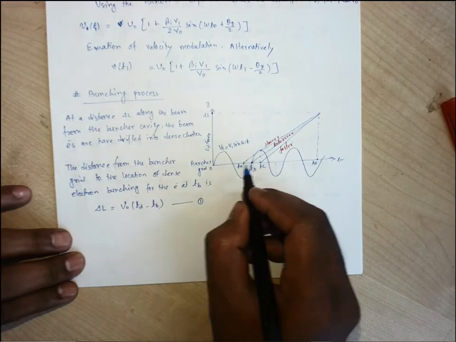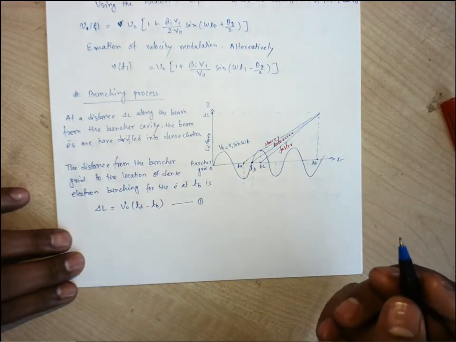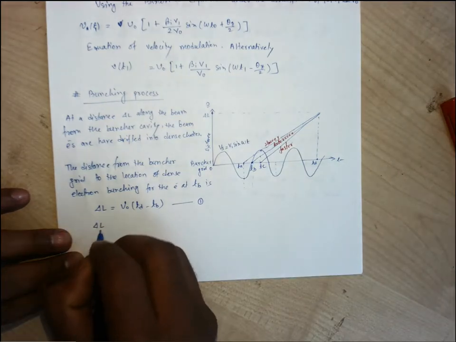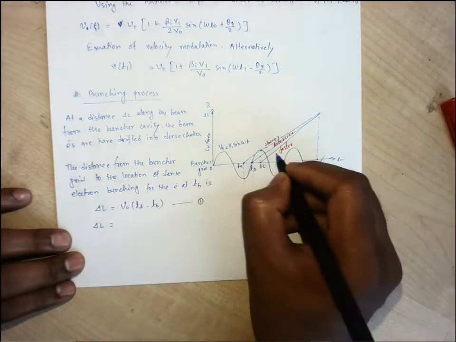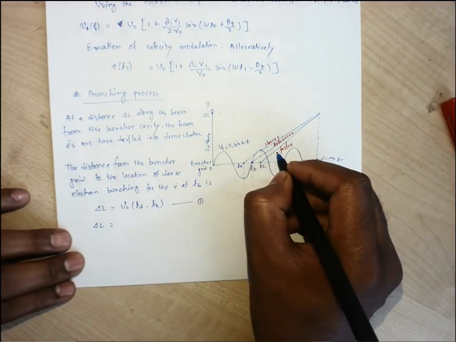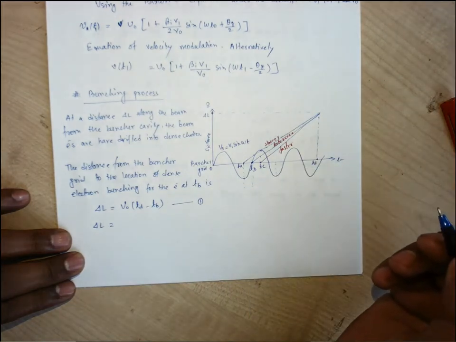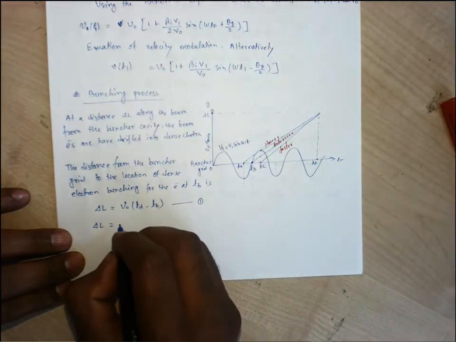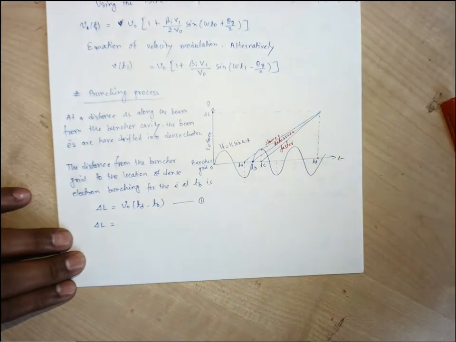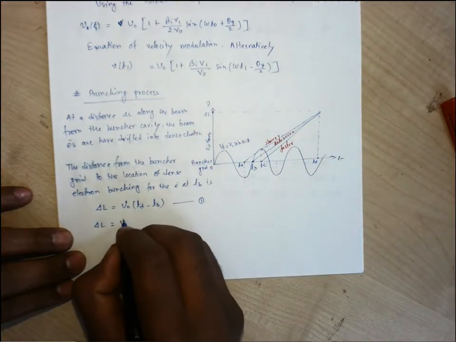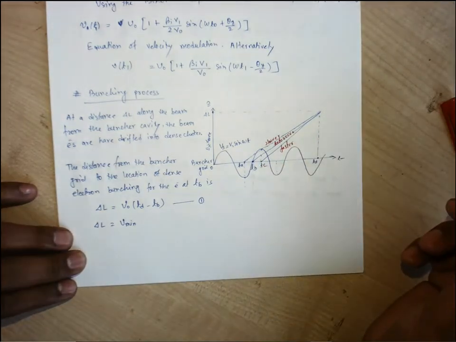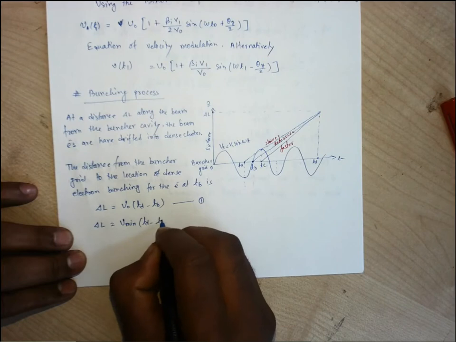Similarly, for the Ta and Tc electrons, what is the total del L distance covered, and at which time? So del L will be, for this faster electron, V maximum, and V minimum will be for the slower electron, the decelerated electron. So it will take Td minus Ta time.